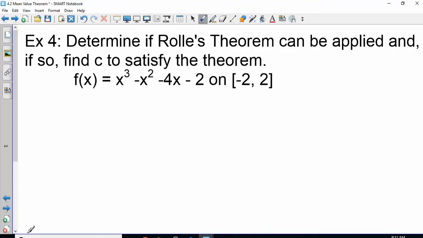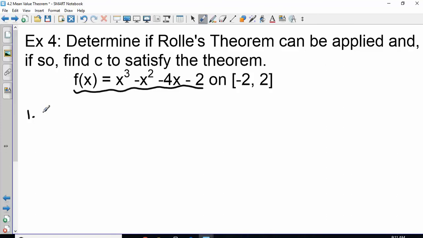Let's do another one. If f of x here is a polynomial, we've said before polynomials are always continuous and always differentiable.